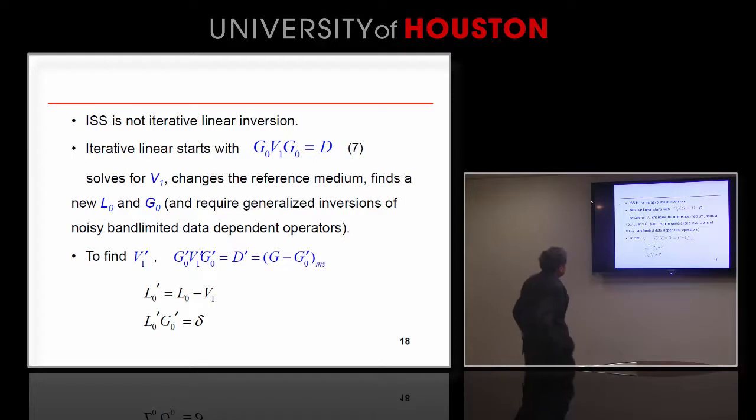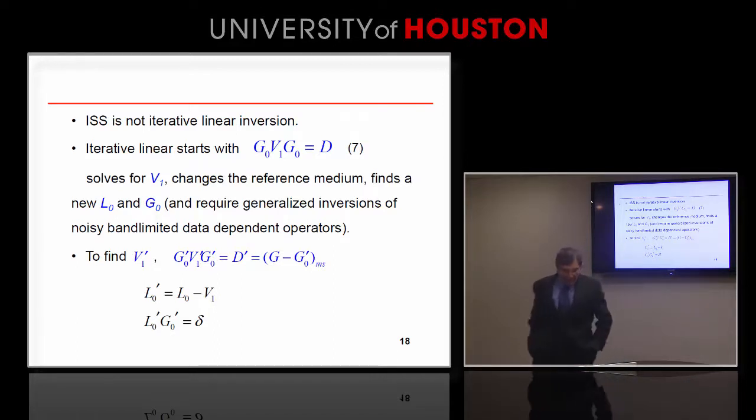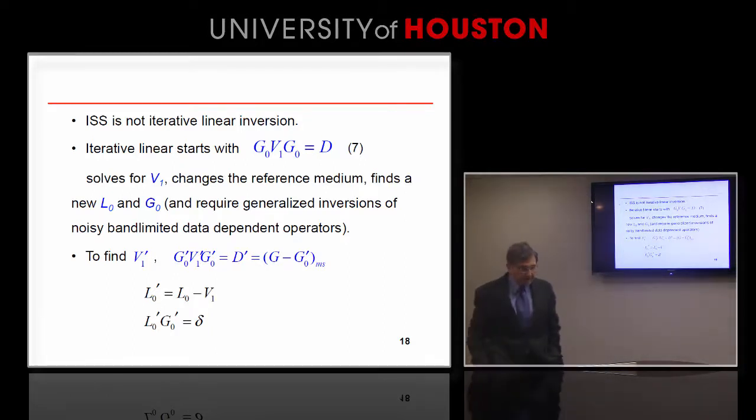Inverse scattering is not iterative linear inversion. If you take G0, V1, G0 is D, and solve for V1 and change the reference medium, and keep updating the linear, you get a different procedure. Jinlong, Yang, and I have a paper that we're submitting to SEG, and that we'll be sharing with our sponsors, showing you explicitly. Forget about elastic.